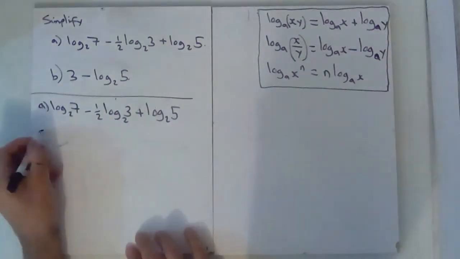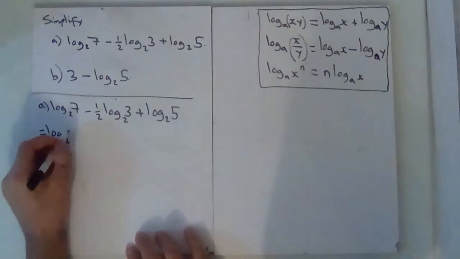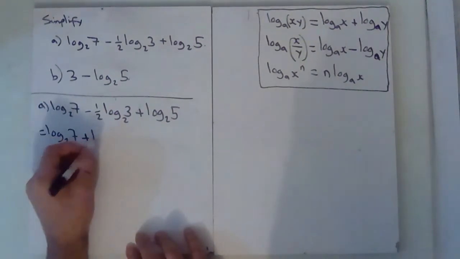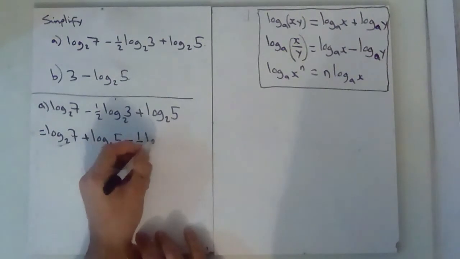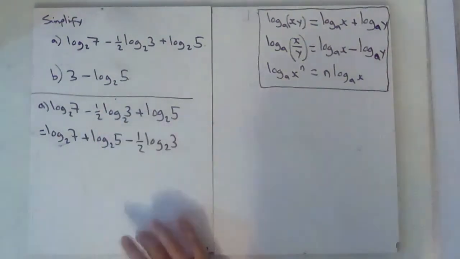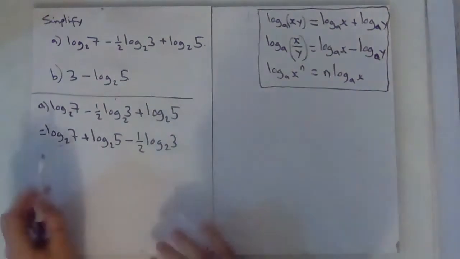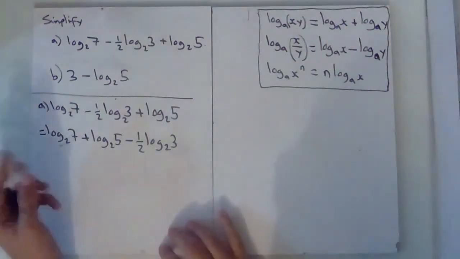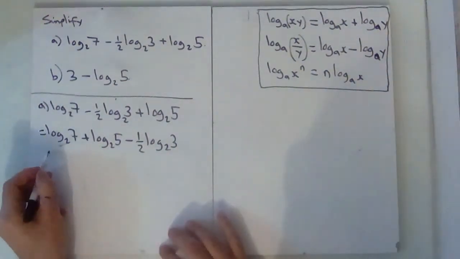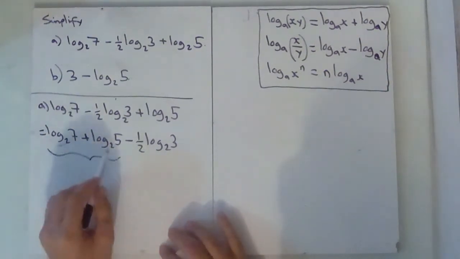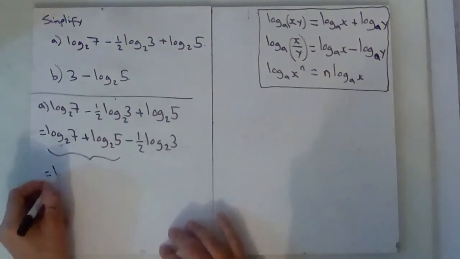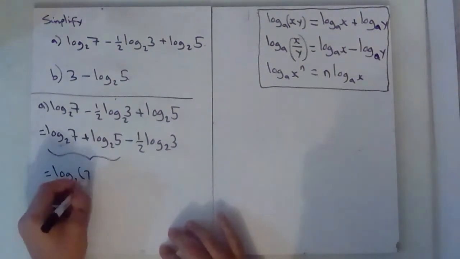So that equals log base 2 of 7 plus log base 2 of 5 minus a half log base 2 of 3. We could already put these two together: log base 2 of 7 plus log base 2 of 5 is log base 2 of 7 times 5.